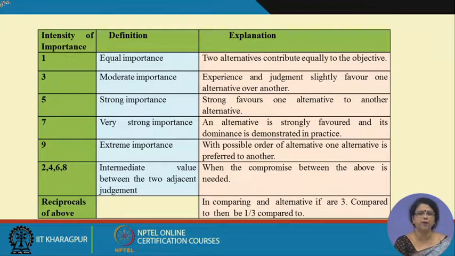With respect to property price, location A is strongly more important than location B, give 5. But if I ask about B with respect to A, then it will be 1 by 5. That way you give your preference within the scale.